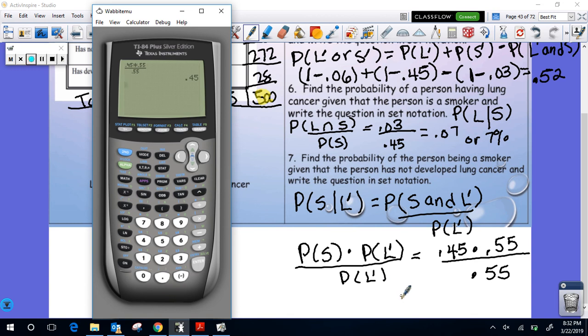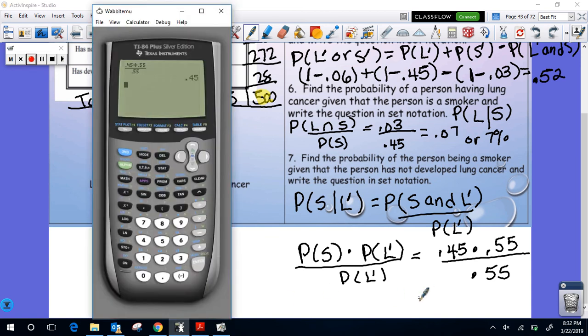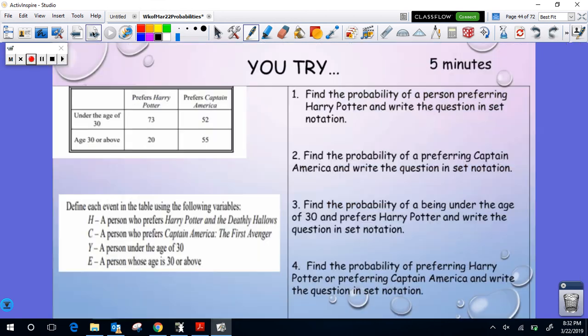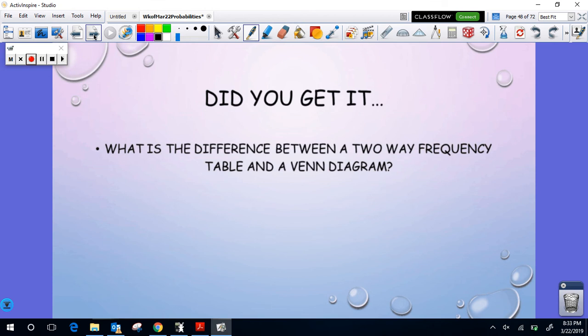So the probability of this event happening, that a person is a smoker given the other condition, is going to be 0.45 or 45%. And I believe that was the last one. Yep. So you go through, knock out the rest of these problems. Take your time with them and calculate all your probabilities, and I'll see you later. Bye.